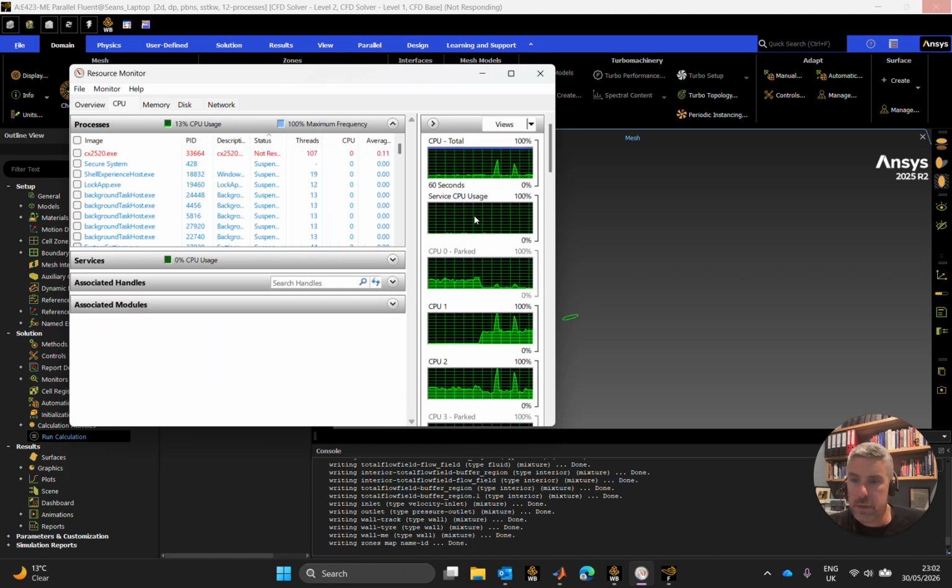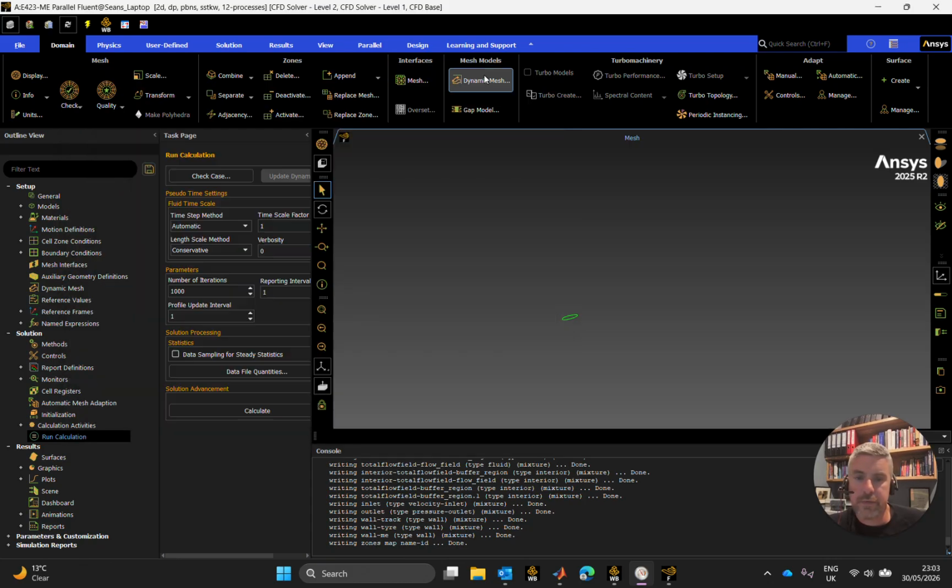CPUs 12%. This is just getting tight here now at the minute. That one in red that's shown is not responding. There we're back. That is Fluent. Report intervals 10 and 10. All right, that's it.